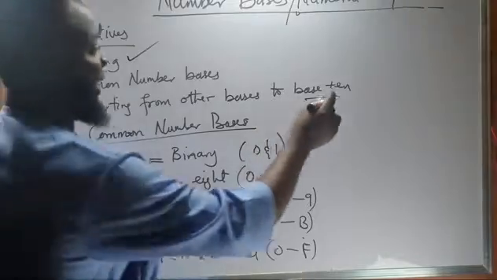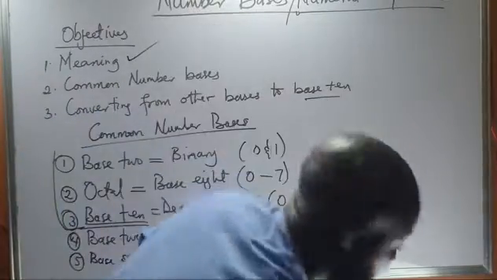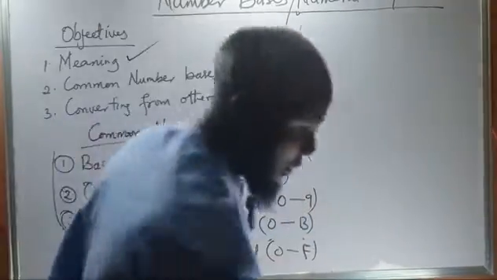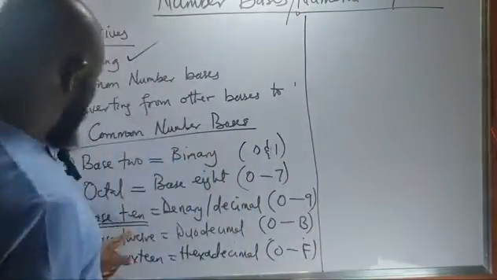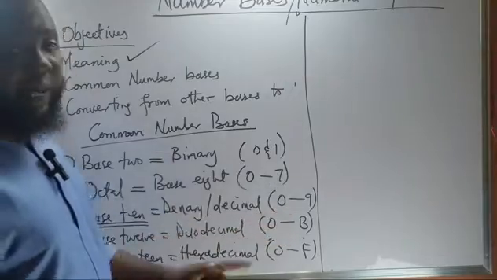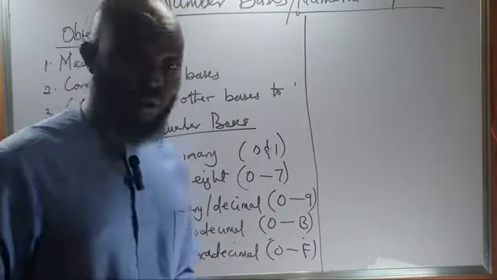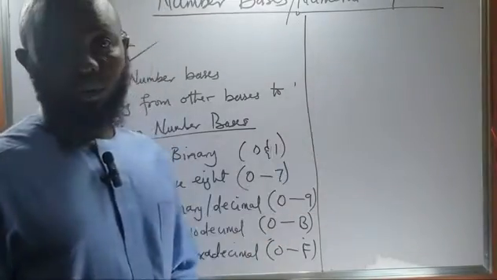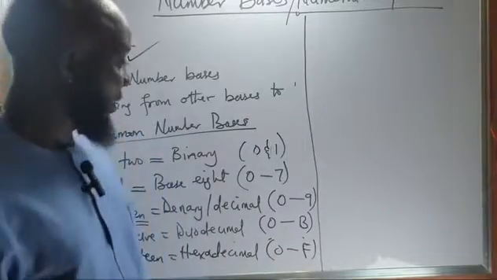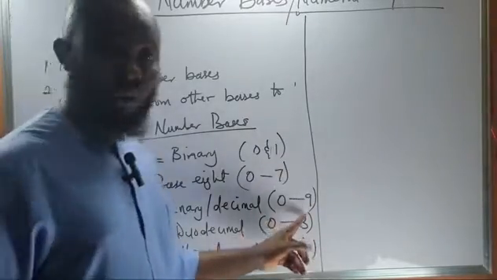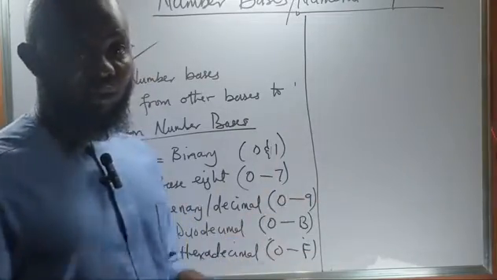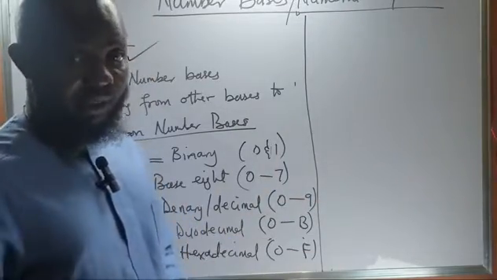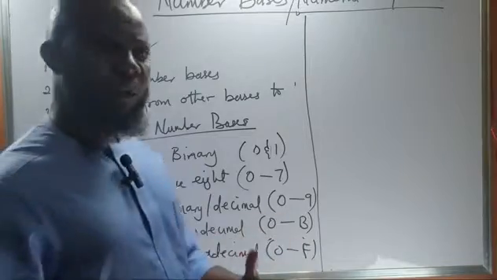Now, base 10 is from 0 to 9, and that is what we make use of throughout the whole world, anywhere you go in the world. So you can't see any digit that goes beyond 9. It's from 0 to 9. So we combine those digits together to form any number of our choice. Is that clear?